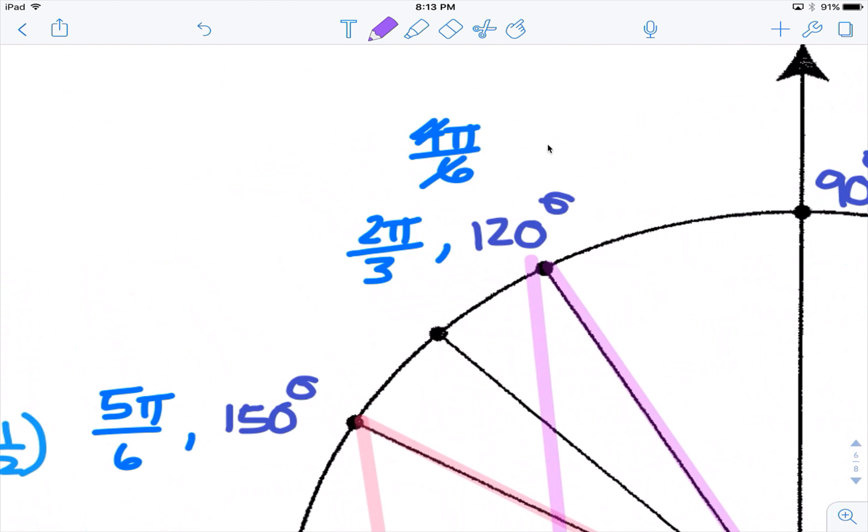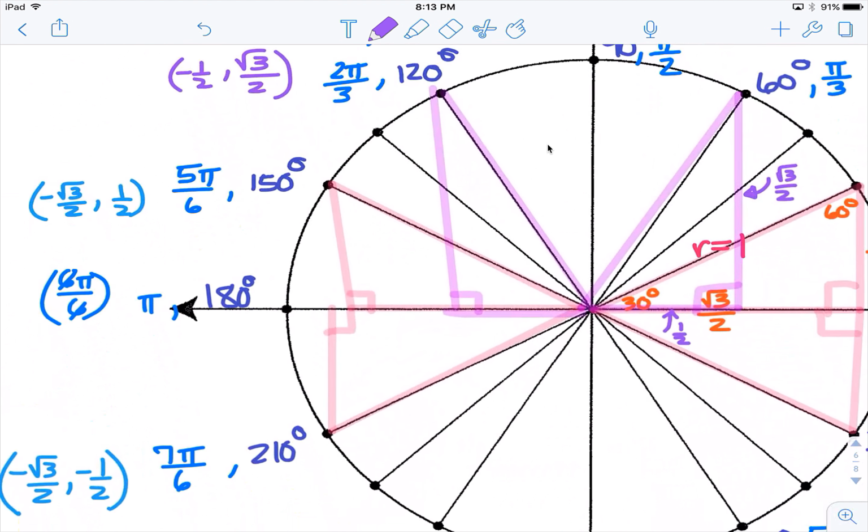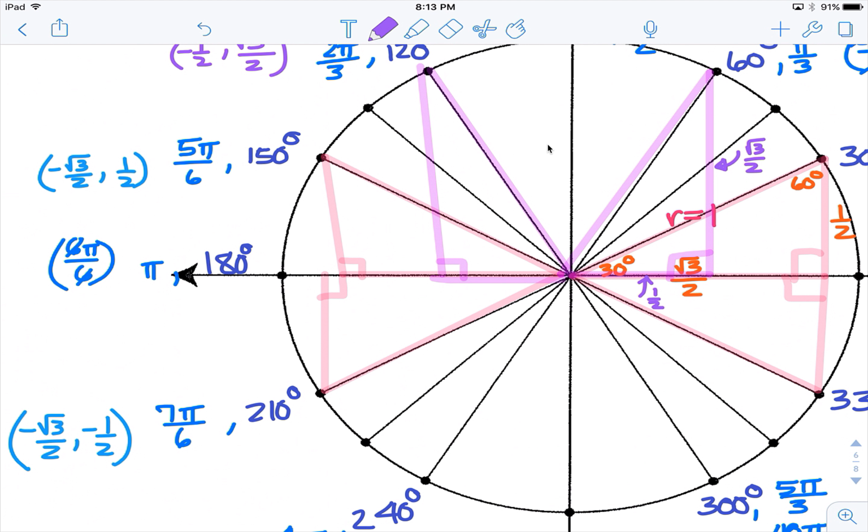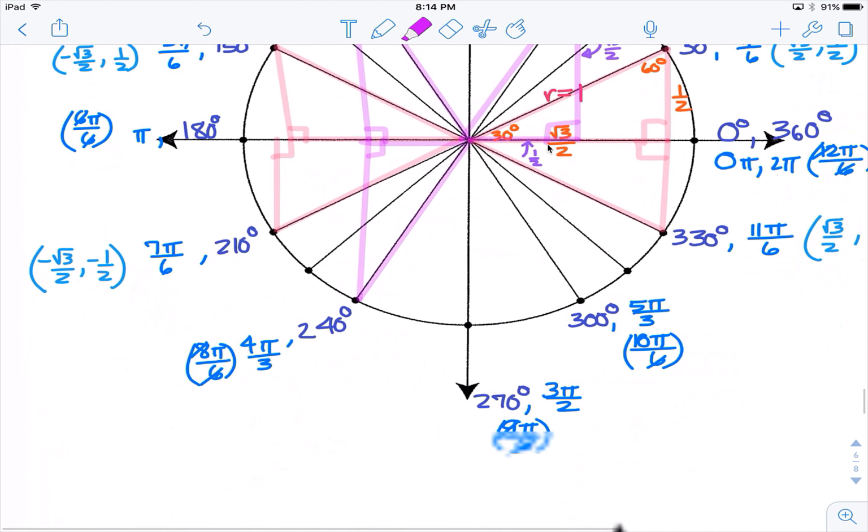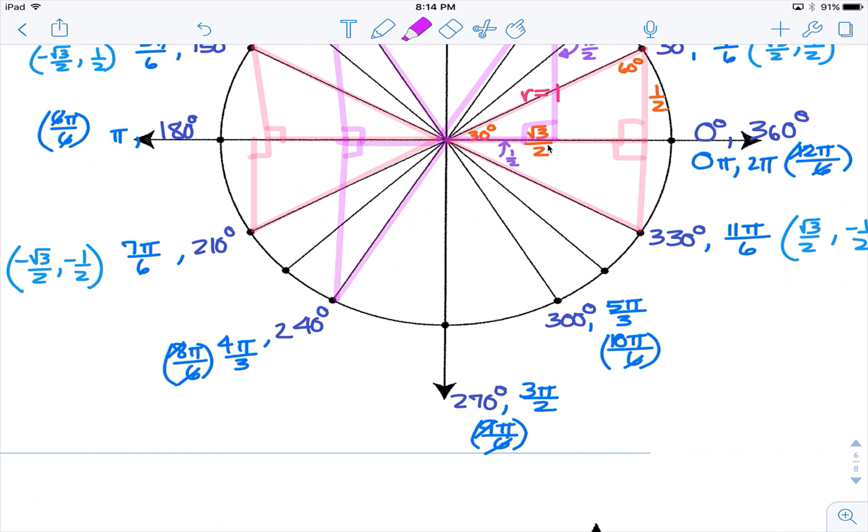In quadrant 2, we would have a negative x value and a positive y. In quadrant 3, both would be negative.